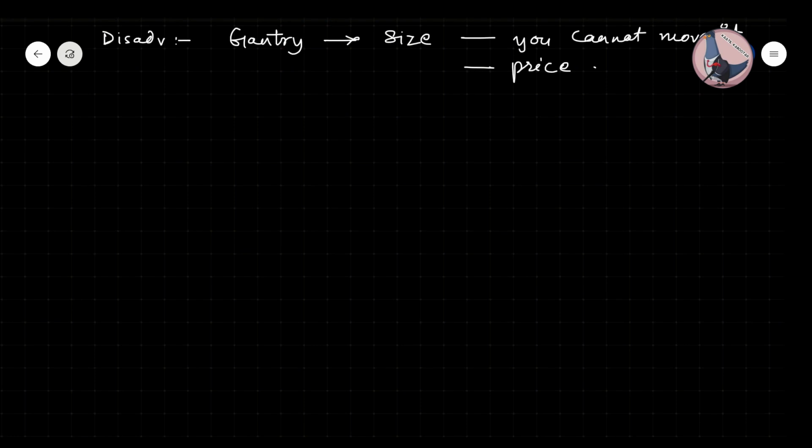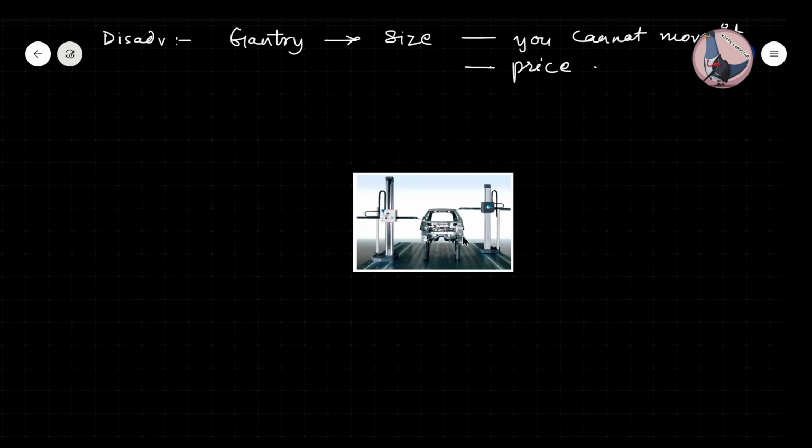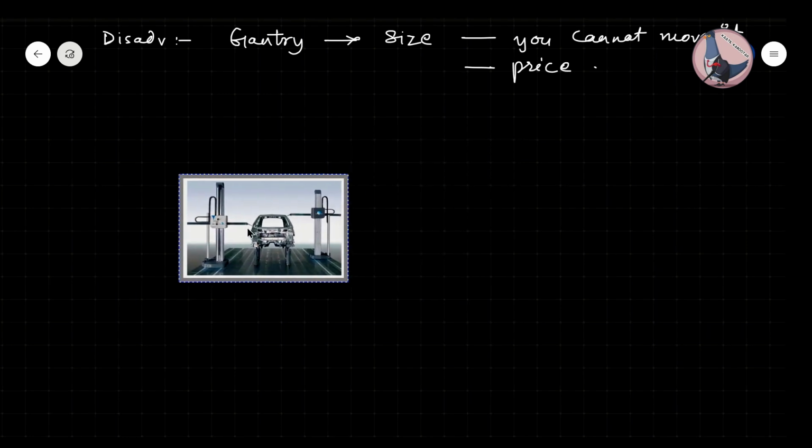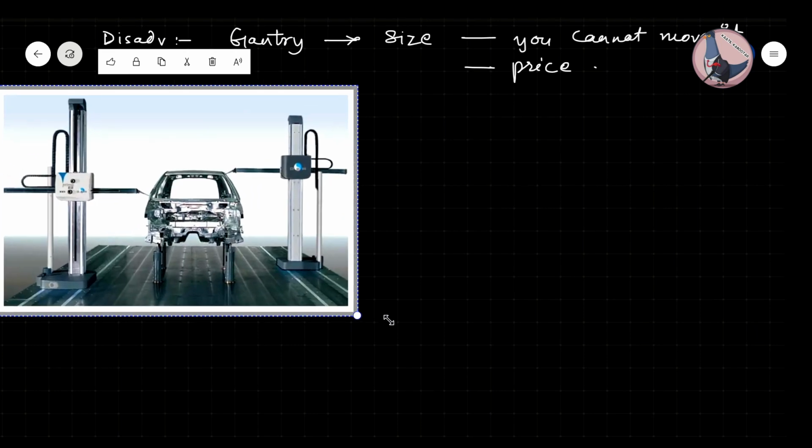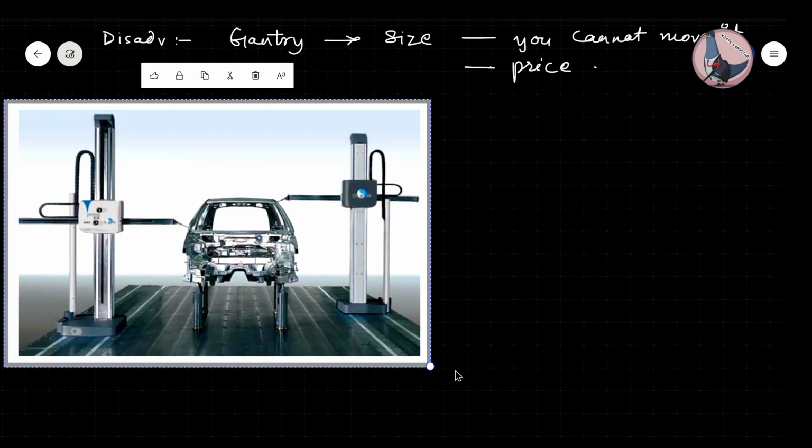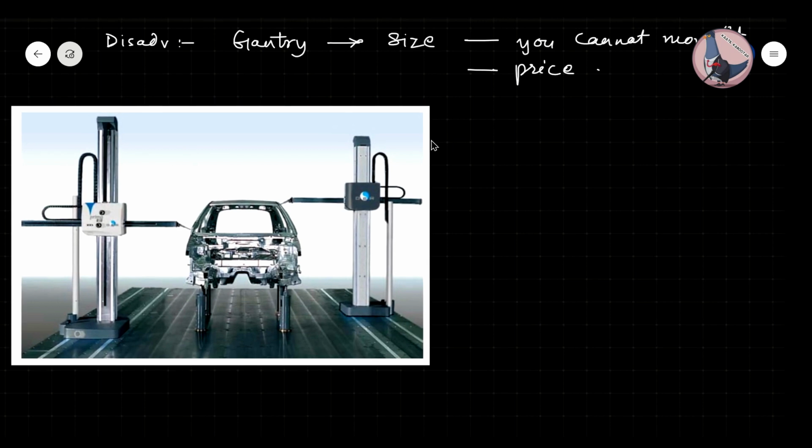Then comes the last one, which is your horizontal type of CMM. In horizontal type of CMM, there are two types. One is your plate type and one is your rail type, which I told you. This is your horizontal type of CMM.